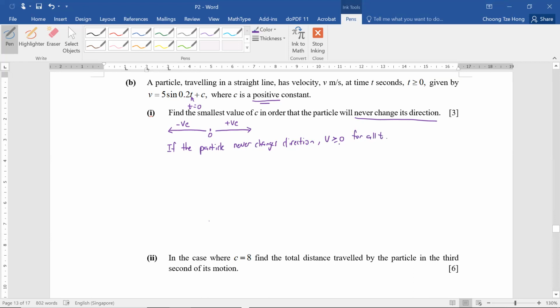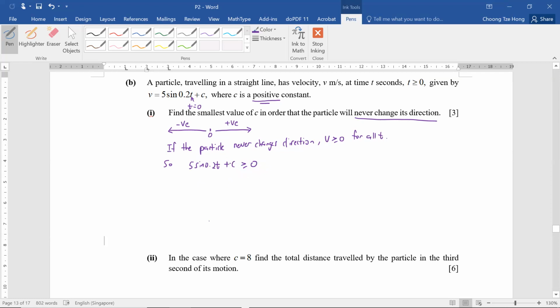The velocity can be 0, so the particle can be at rest and then continue moving in the positive direction. So the inequality that we can form is 5 sine 0.2t plus c greater or equal to 0. We need to find the smallest value of c that will satisfy this inequality all the time, not some of the time.